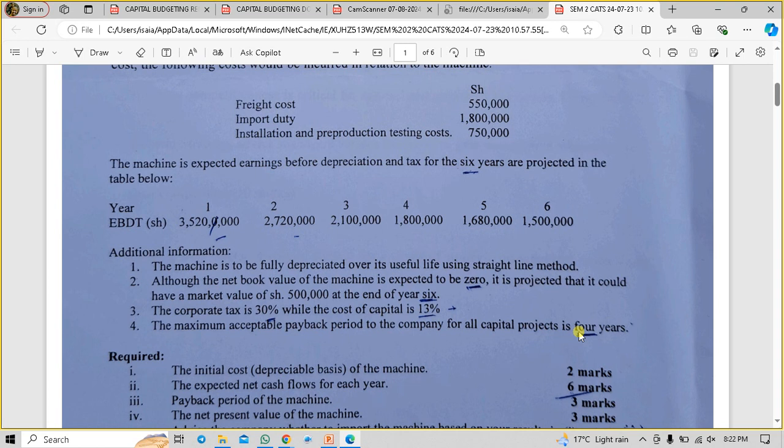So that is the advice according to Roman 2.